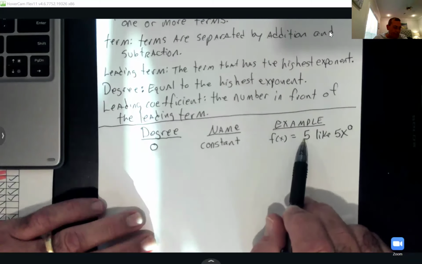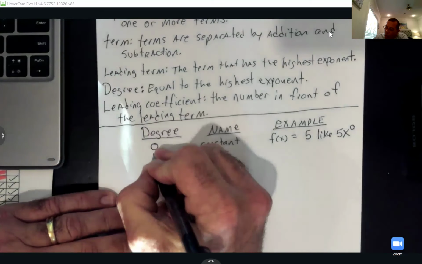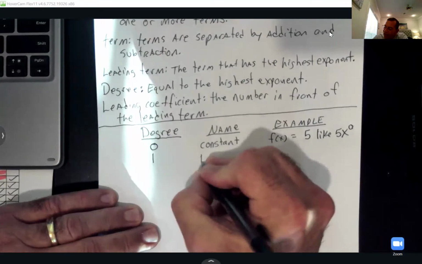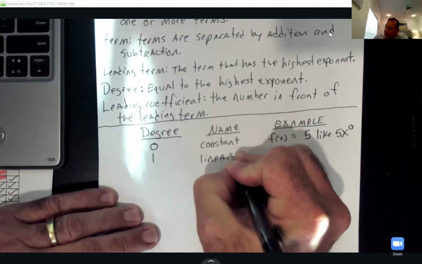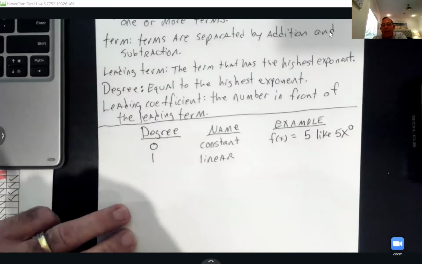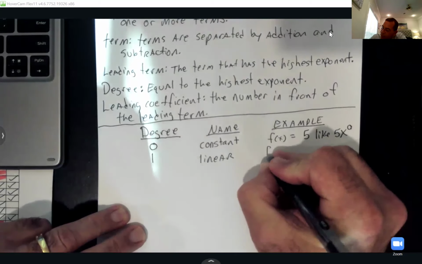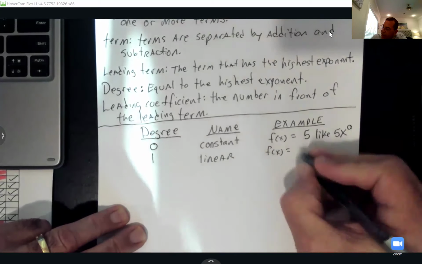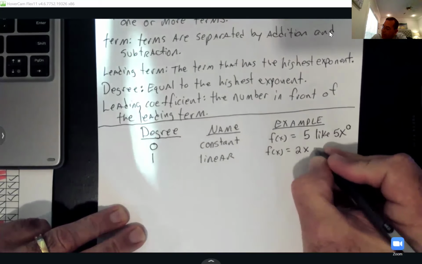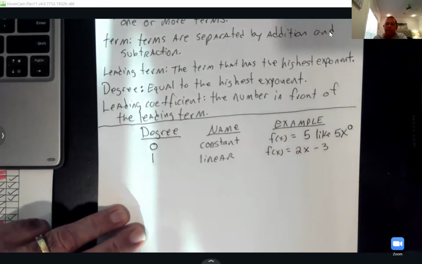We got a degree 1. We call that linear. Because if it's a degree 1, it's going to make a line when we draw it, so it's linear. So an example could be f of x equals 2x minus 3.